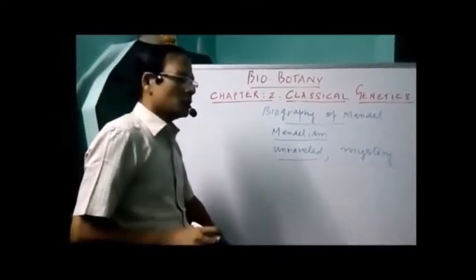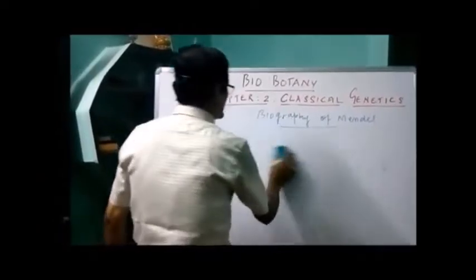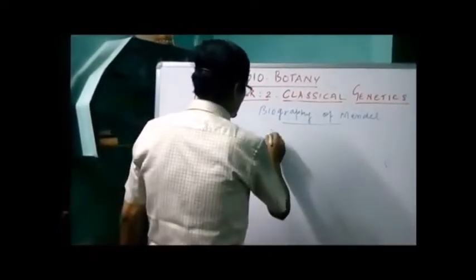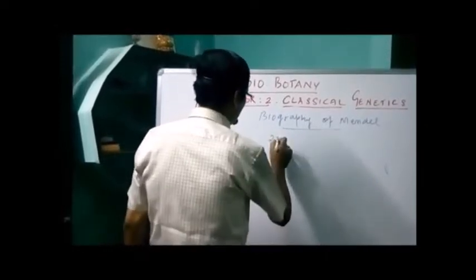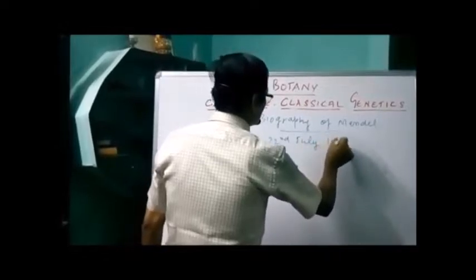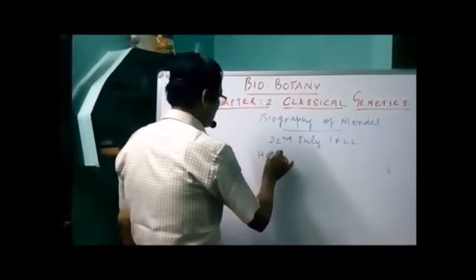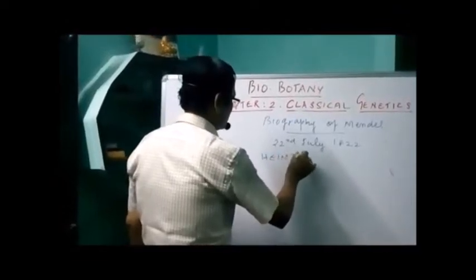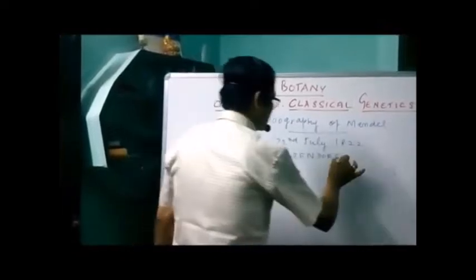Now he was born on 22nd July 1822 in a small village called Zendorf, in Silesia.